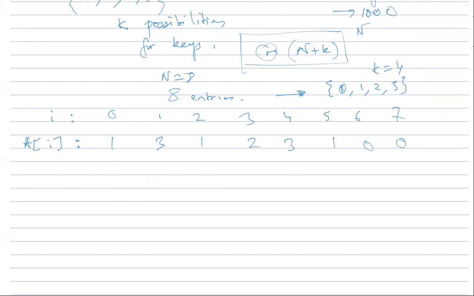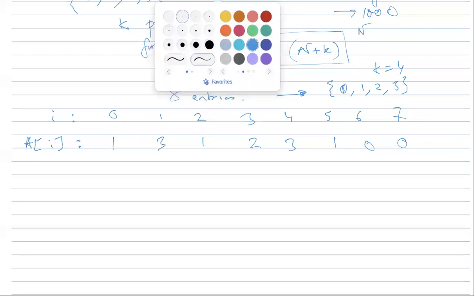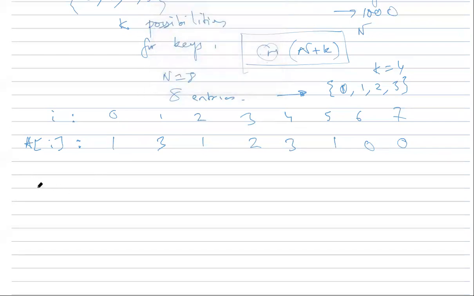The first thing that we want to find out is the frequency, so the count of each of the possible entries. J essentially are the possible values of the key, which is 0, 1, 2, and 3. So how many zeros are here? We have 2 zeros.